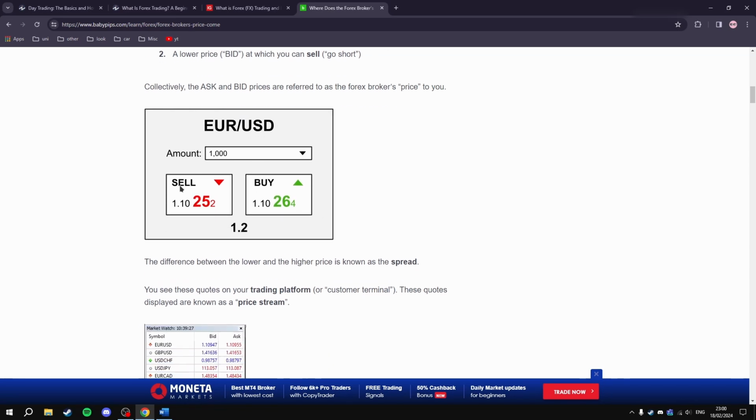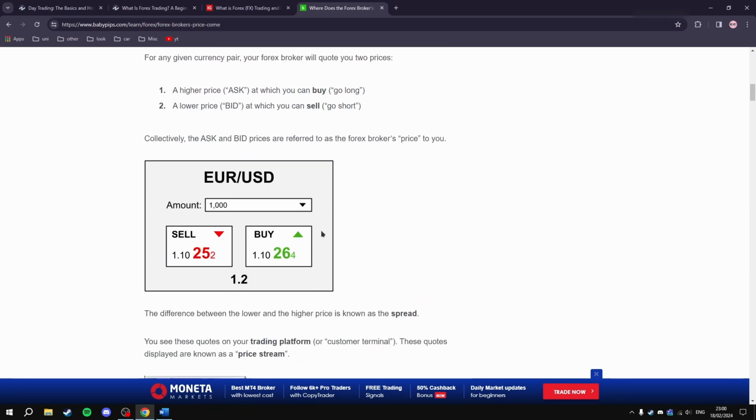So we've got one here: sell, buy. So buy is if you think the price is going to rise; sell if you think the price is going to drop.